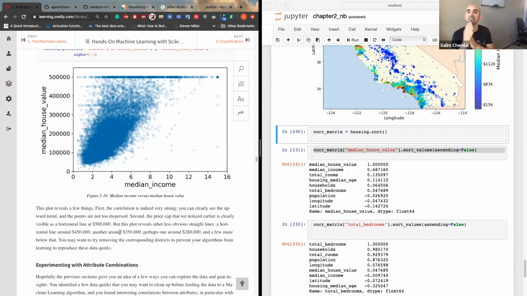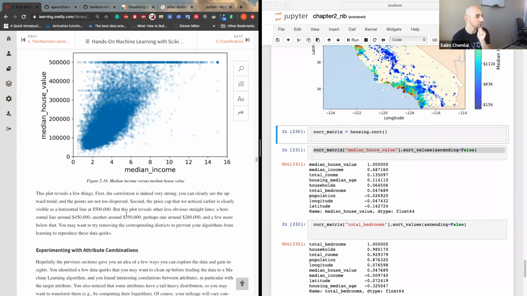The house was 600,000, but in the data set, it was just capped at 500. We want to be very careful about this, especially if it's something we're trying to predict. We don't want to train on that.